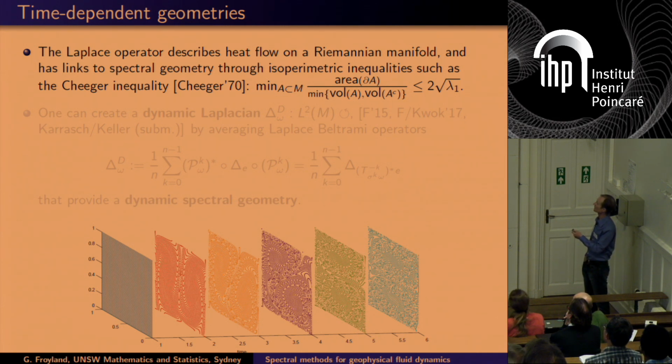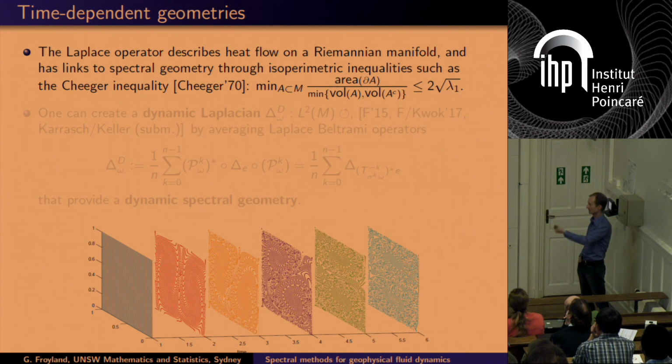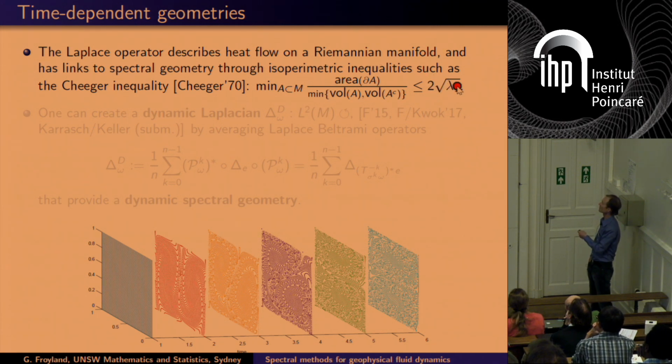So if you want to separate a manifold into 2 pieces, one of the pieces being a set A, this ratio of the size of the boundary of A and the volume of either A or the complement of A, whichever is smaller, is bounded above by the first non-trivial eigenvalue of the Laplace-Beltrami operator. Okay, so this gives you a lot of information about the manifold.